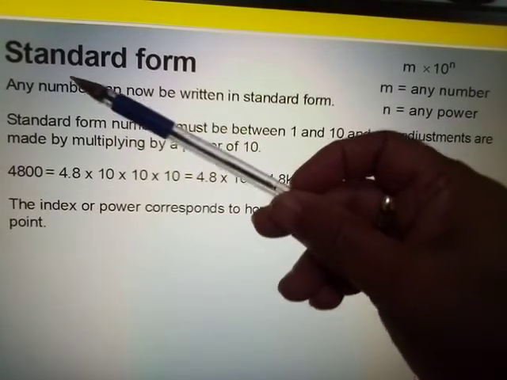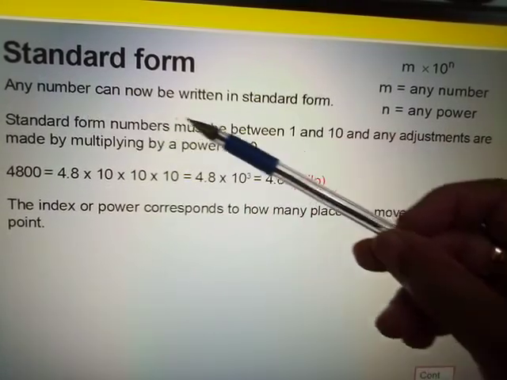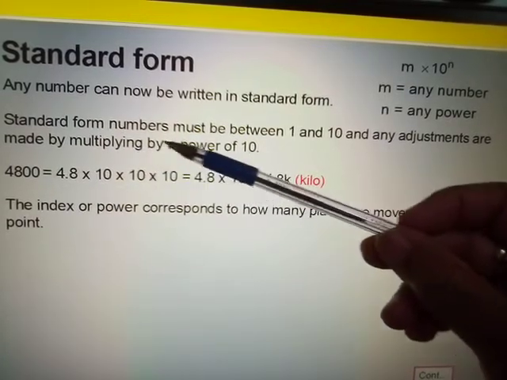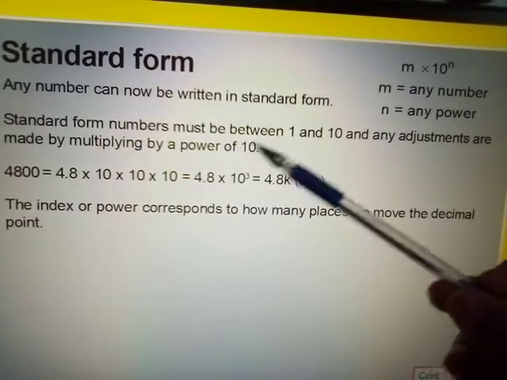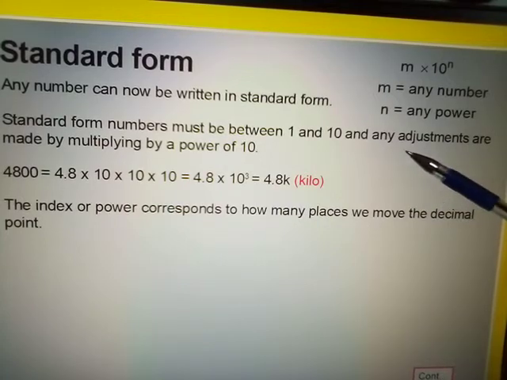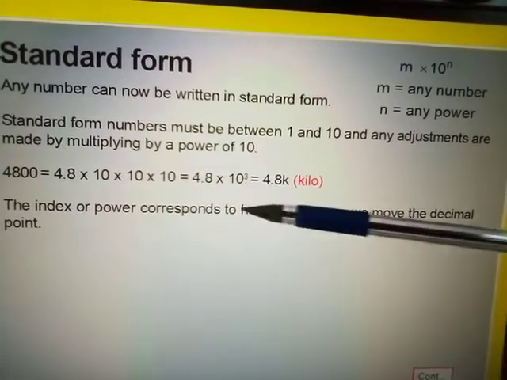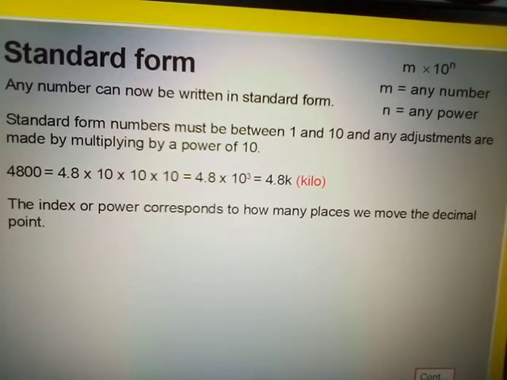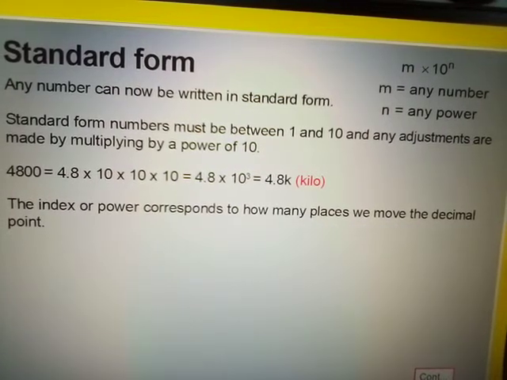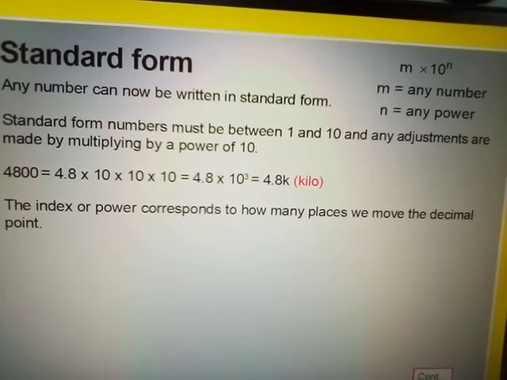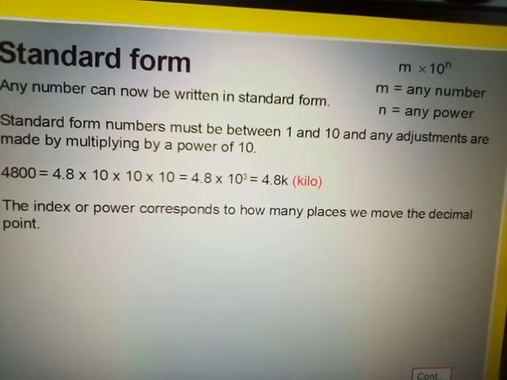Now standard form, again, any number can now be written in standard form. Standard form numbers must be between 1 and 10, and any adjustments are made by multiplying by a power of 10. So 4,800 equals 4.8 times 10 times 10 times 10 equals 4.8 times 10 to the 3 equals 4.8 thousand.